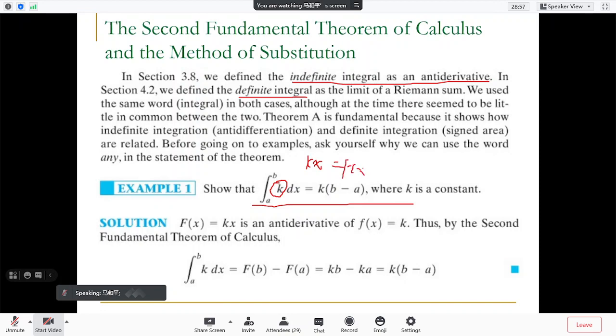This is F(x) = Kx. By the second fundamental theorem, this is equal to F(b) minus F(a), which is Kb minus Ka, so it's equal to K times (b minus a).